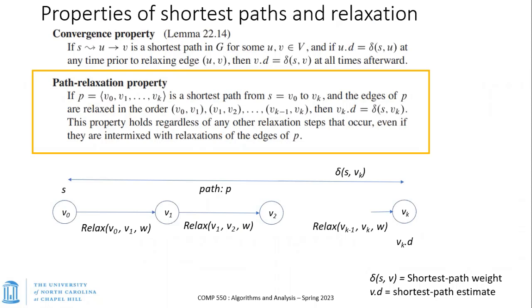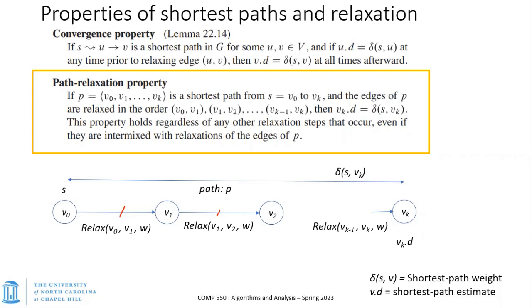It says that P is a particular shortest path comprising vertices V0, V1, all the way up to Vk, and these are all edges. Between V0 and V1 is an edge. These are not paths; notice that these are straight lines. So you've got a standard path comprising a whole bunch of edges.